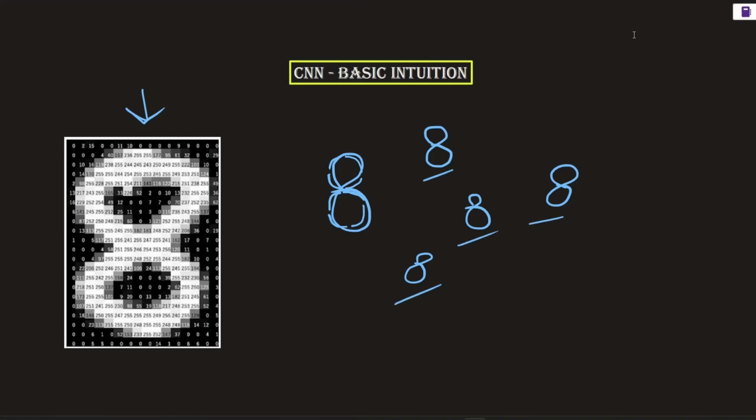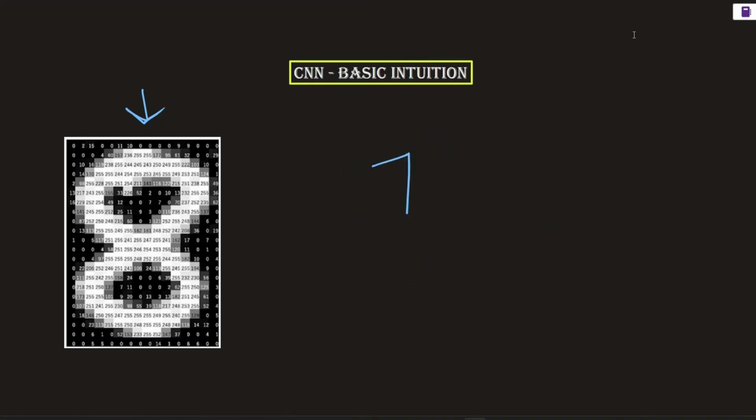And finally, after a lot of practice and a lot of examples, the child learns exactly how the number 8 looks, what the exact patterns and edges are which together form this entire digit. And the CNN architecture also learns about a specific object or a specific image in the same way. Let me try to explain how.